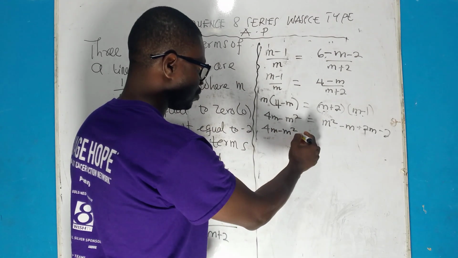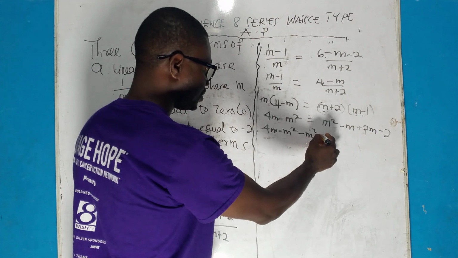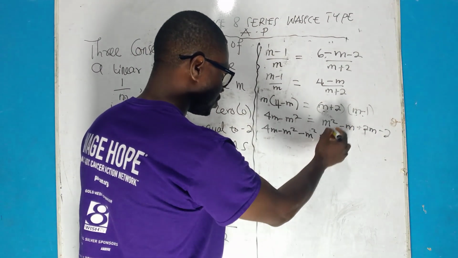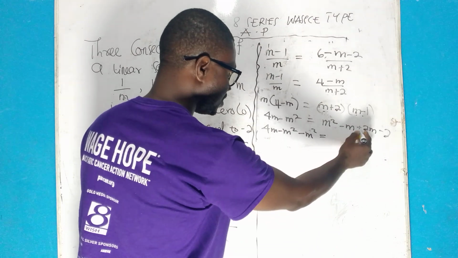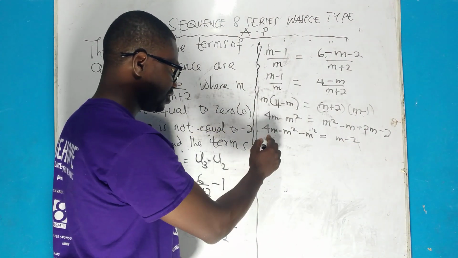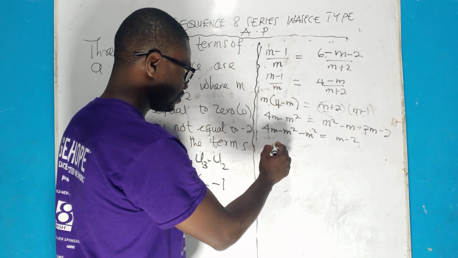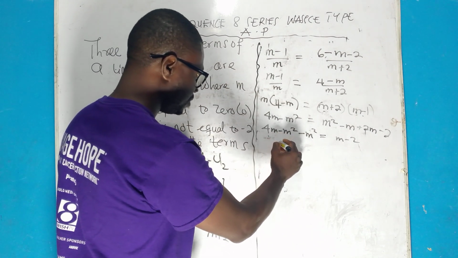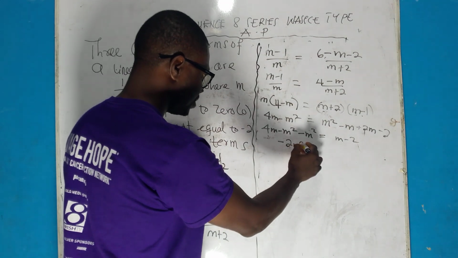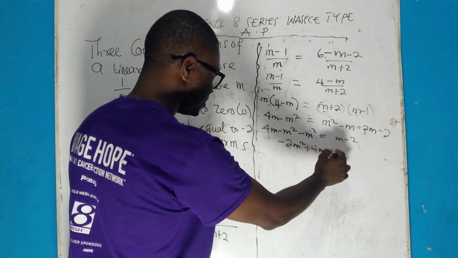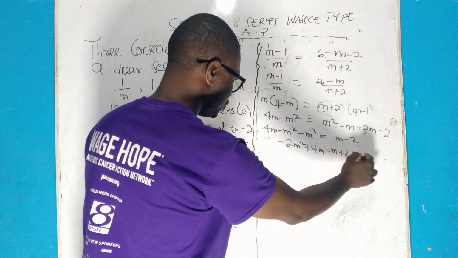Now from here, we have 4m minus m squared. Then let's bring this one to the other side, is equal to m squared plus m minus 2. Moving it to the other side, we are going to have minus 2m squared plus 4m minus m plus 2 is equal to 0.